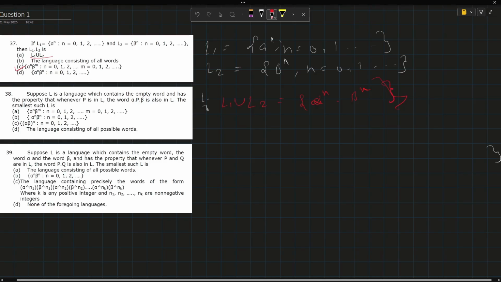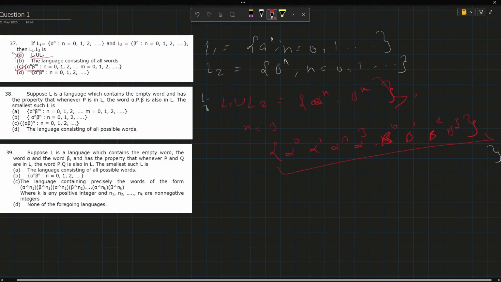Like assume n equal to 3, then it would look like alpha 0, alpha 1, alpha 2, alpha 3. And for beta it's going to look like beta 0, beta 1, beta 2, beta 3, which is not the desired result that we came to through the definition. It was this. So yeah, this option is wrong.